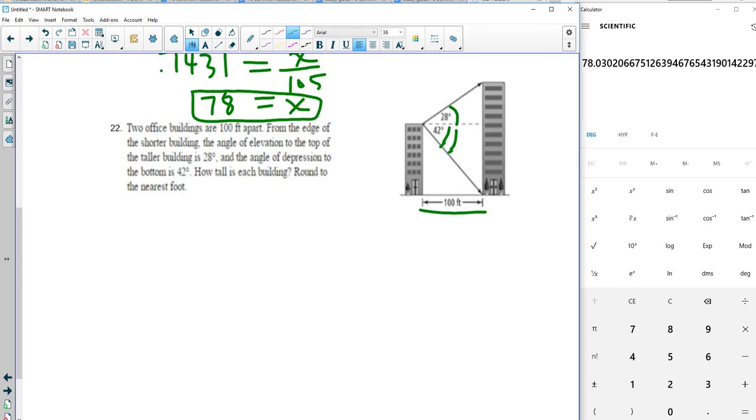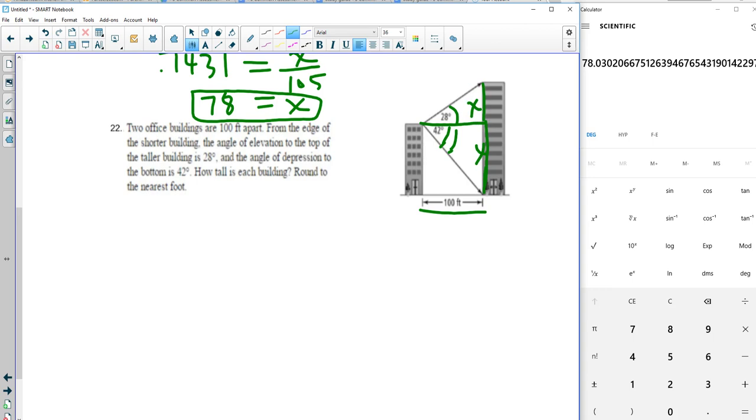All right, so they want to know how tall each building is. If you look at this short building, that height, y, would be the same distance as this one, because you look straight across. The taller building would be the same height as this shorter building, plus the height up here, which is x.